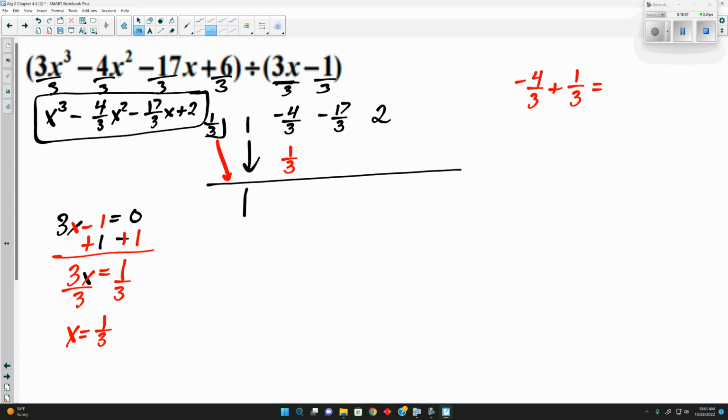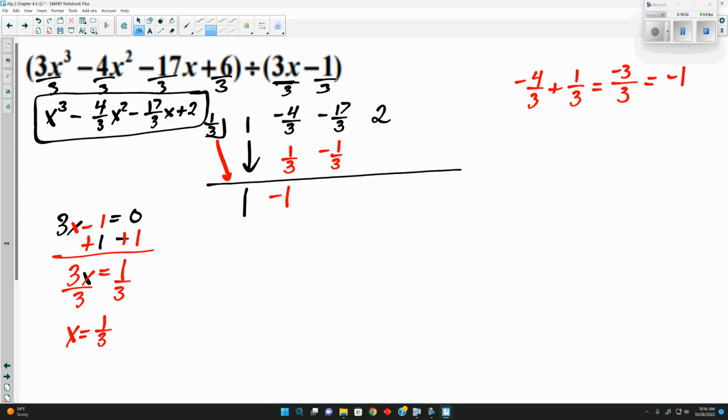The denominators are the same, yes? So we can add the numerators. Negative 4 plus 1 is negative 1. Then we multiply again. 1/3 times negative 1, which will be negative 1/3.